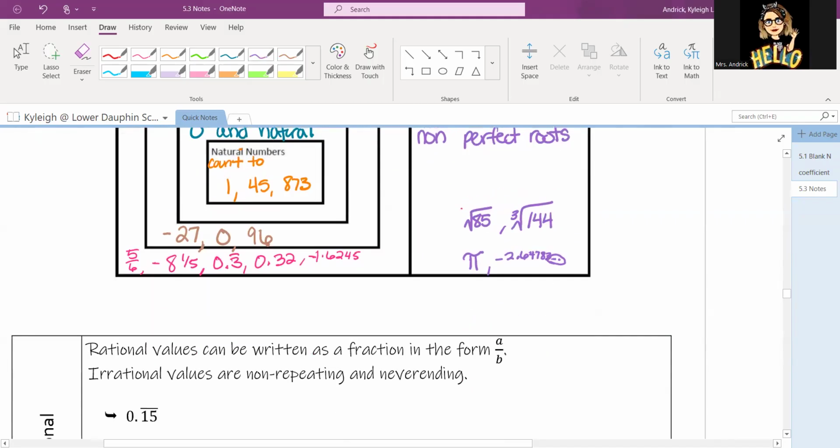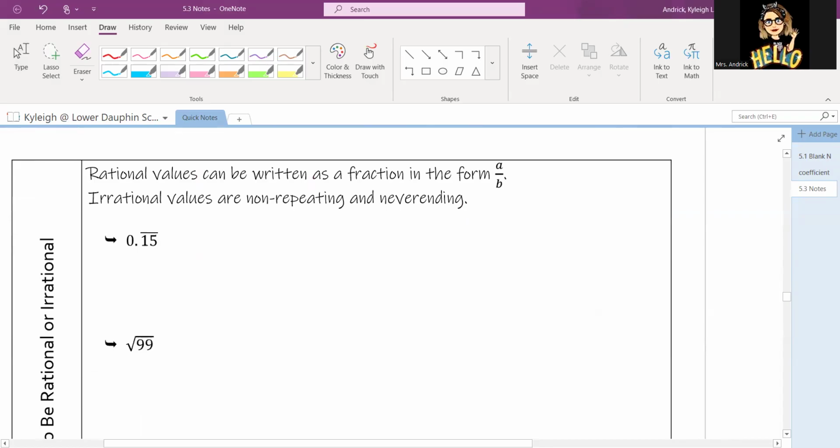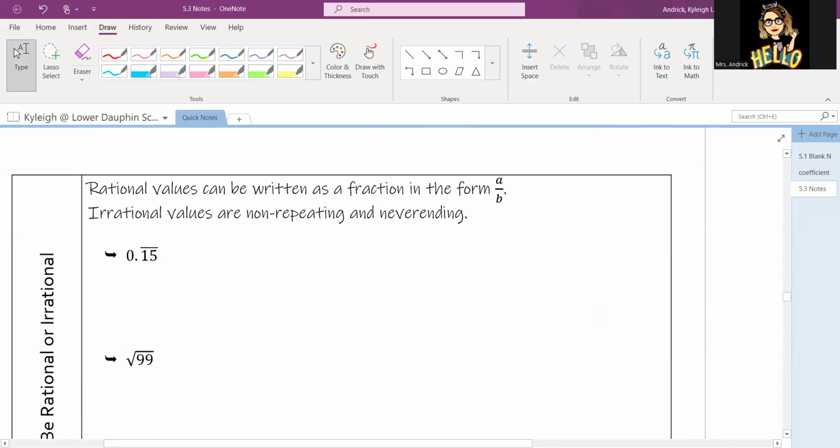We're going to go down here, and we are just figuring out if things are rational or irrational. Again, remember, rational means fractional, repeating, and terminating. Looking at this first one, it's 0.15 with a bar over the top.